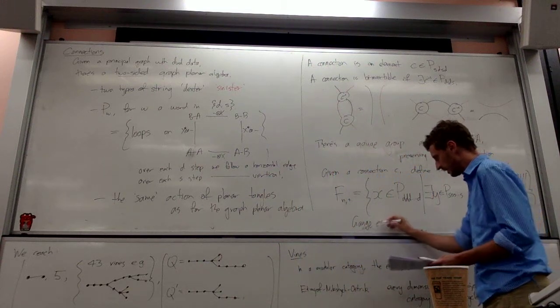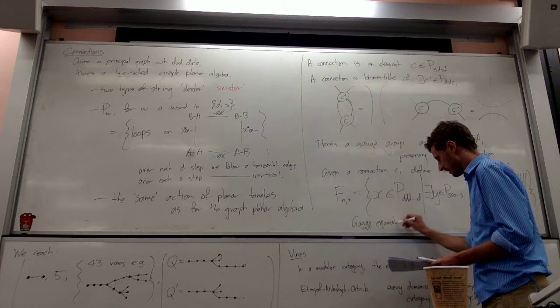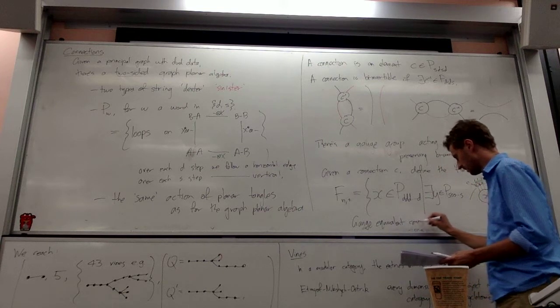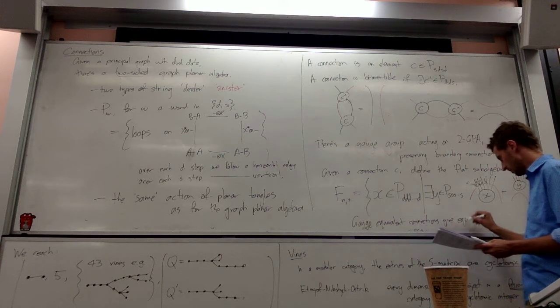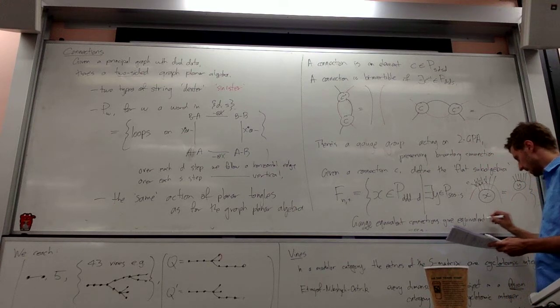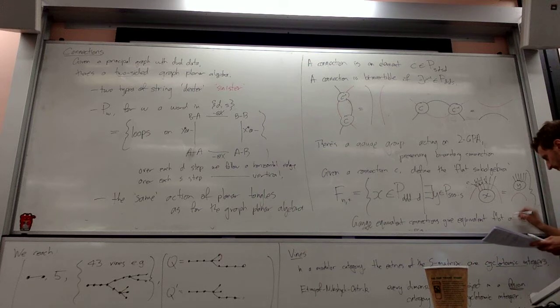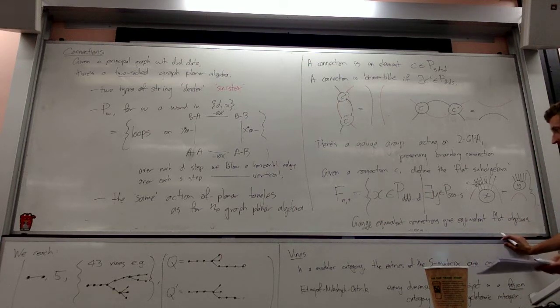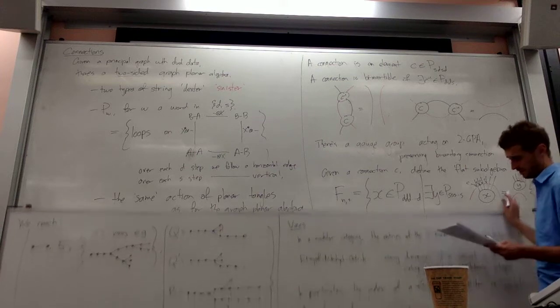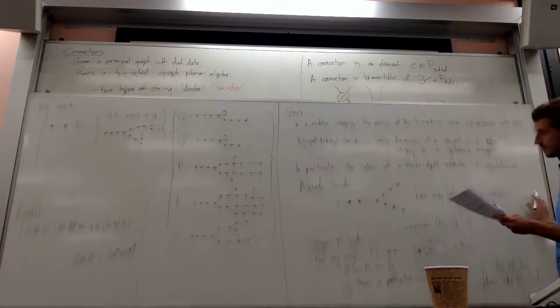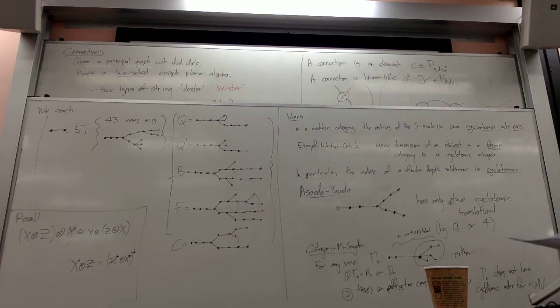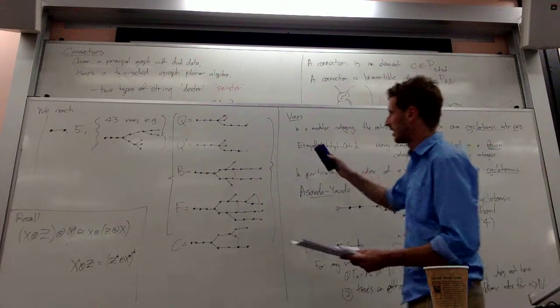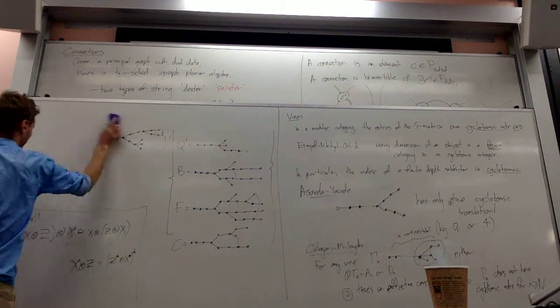Okay. And so gauge equivalent connections, in fact, give equivalent flat algebras. And then the sort of surprising thing is that this is really the way to build all planar algebras in some sense.